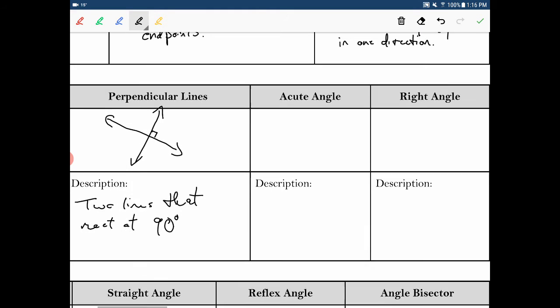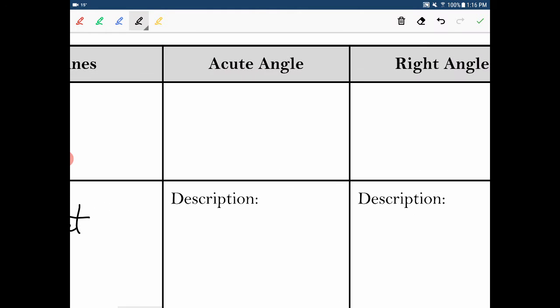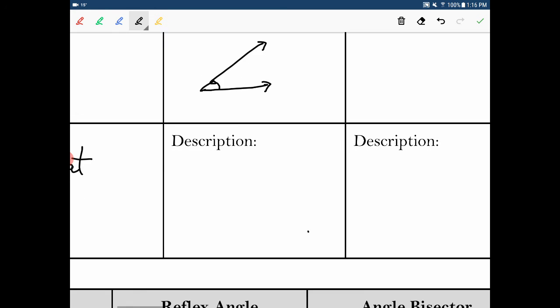An acute angle. So if we're talking about an acute angle, we've got any angle like this, and what's important is that it is less than 90 degrees. An angle less than 90 degrees.